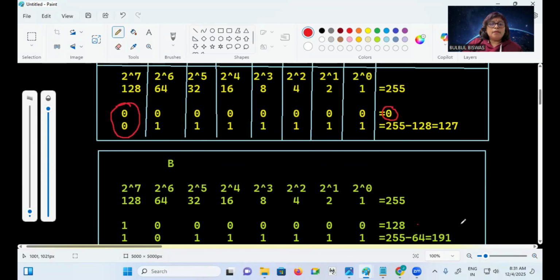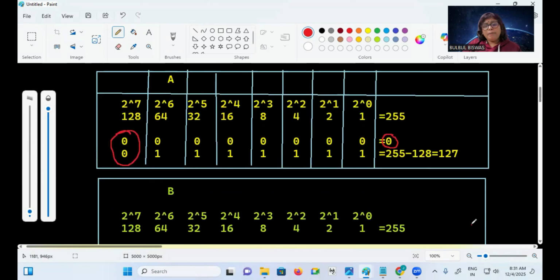And one day, every octet will be filled up because it will become 0, 1, 2, 3, up to 255. So one day, all octets will be 1. But what IANA has defined for class A is that the first bit of the first octet is never 1. It will always remain 0.